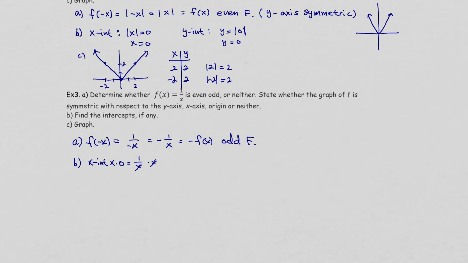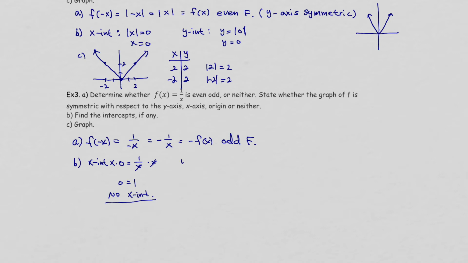You end up getting 0 equals 1, and the x cancels out. So we know that there will be no x-intercept. The x-intercept is not going to be 0. You get rid of the variable, right? So it will be no x-intercept.